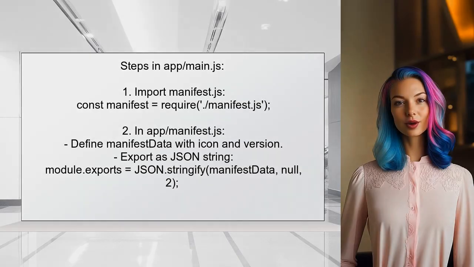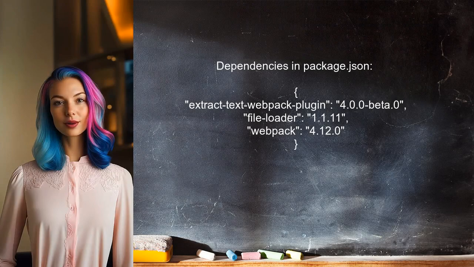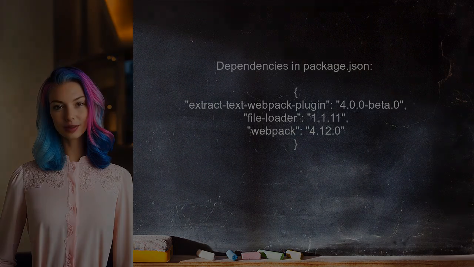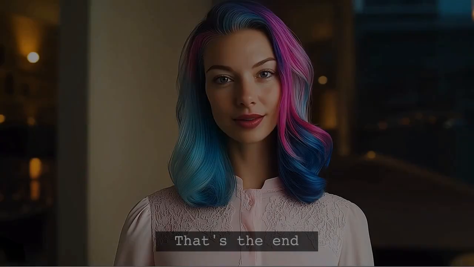In the app main.js file, the user imports the manifest.js, which constructs the manifest data, including the icon and version from the environment variables. Finally, the manifest data is exported as a JSON string. The user also lists the necessary dependencies in package.json, including extract text Webpack plugin and file loader, to ensure everything works smoothly. That's the end of that answer.